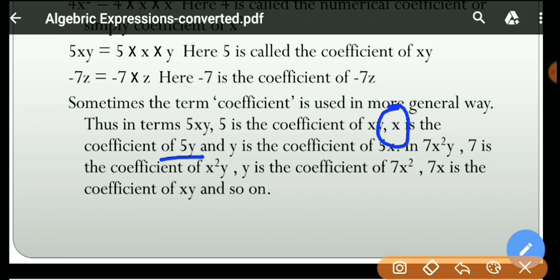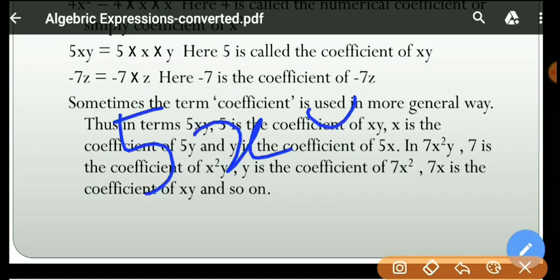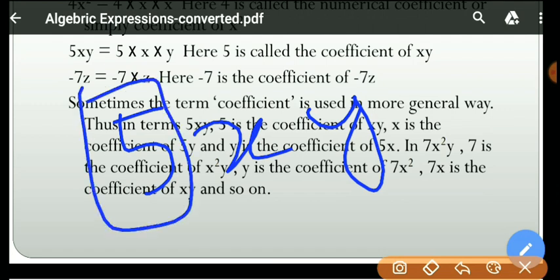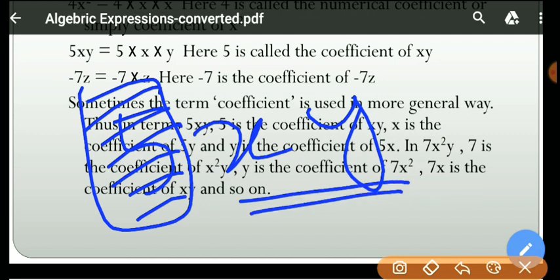Similarly, y is the coefficient of 5x. What is being said here? Say I'm writing 5xy. Okay, just cover this 5. So we call this xy the coefficient of 5.